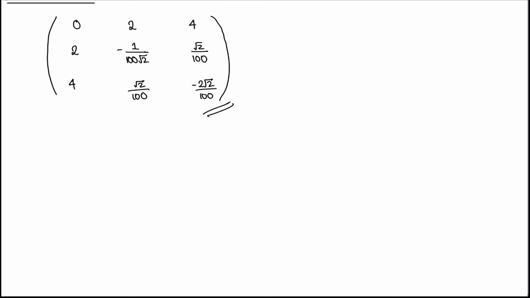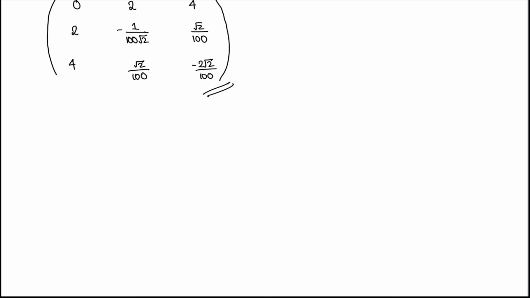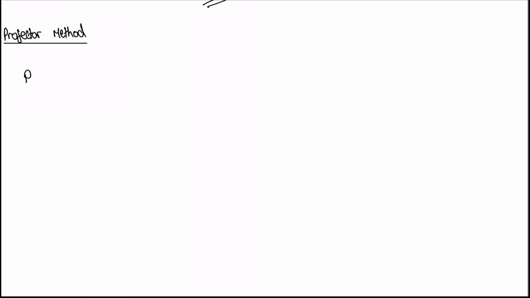Cool. If we now use the projector method to classify the nature of the optima, then we use the formula P is equal to the identity matrix minus u multiplied by u transposed, and then u transposed multiplied by u, where our vector u is going to be 0, 2, 4.